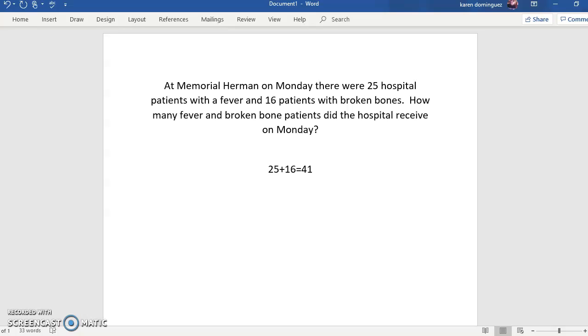Our solution sentence would be: the hospital received 41 patients on Monday all together.